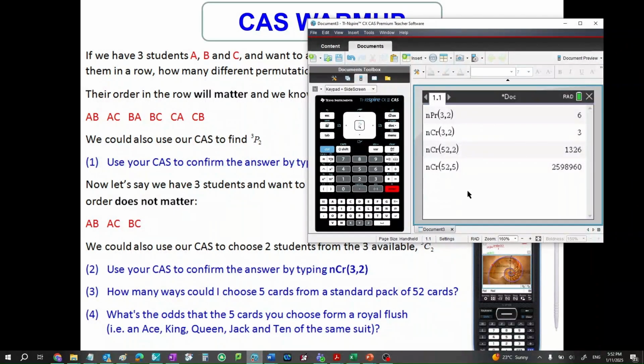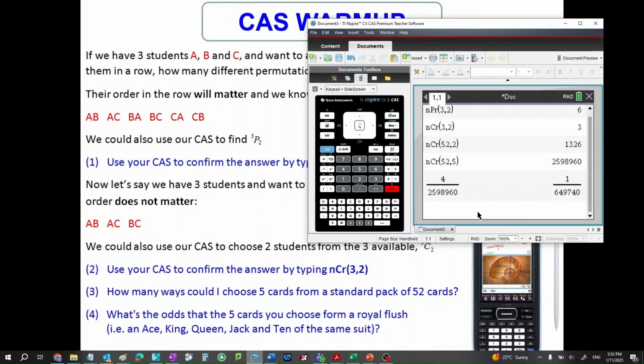So in fact our answer is going to be 4 combinations out of all of the combinations. And so that means that your odds of getting a royal flush, if you get dealt 5 cards, is about 1 in 649,000. What is exactly 1 in 649,740? So pretty low odds.